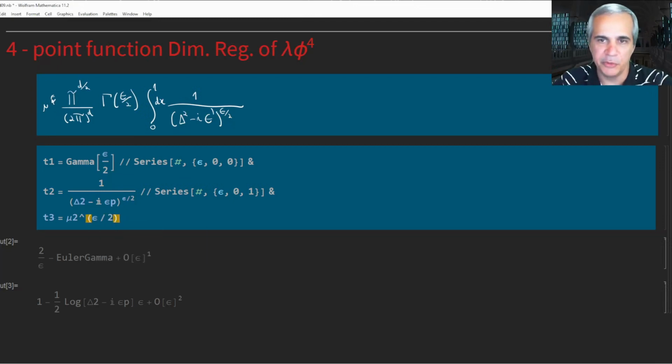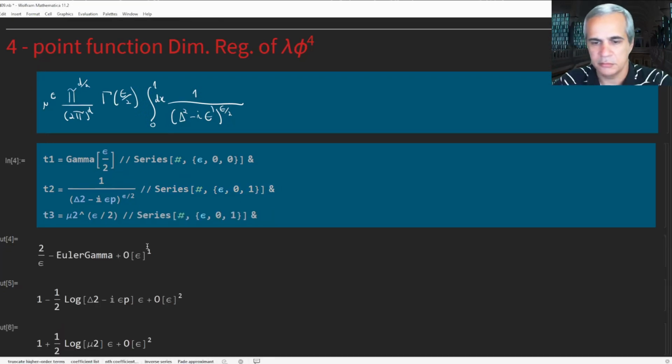This is just mu to the epsilon, but I'm interested more in this mu square because you'll see later, it has the right dimensions for what I want, right? And then I just have to apply the series. Again, I'll go to linear order in epsilon, right? And here is the expansion down there, right?